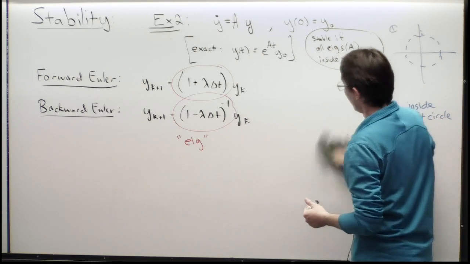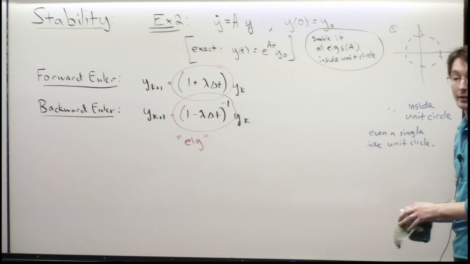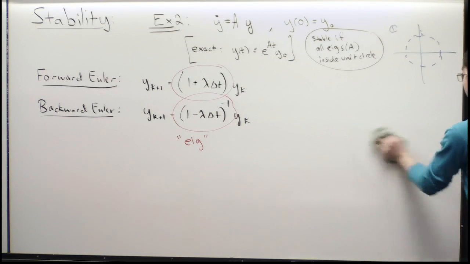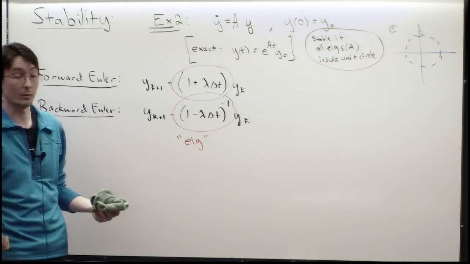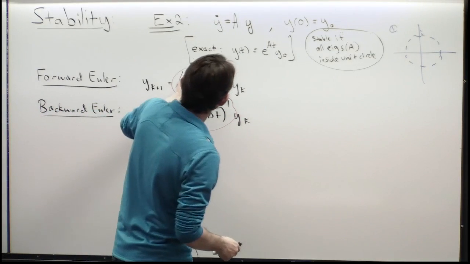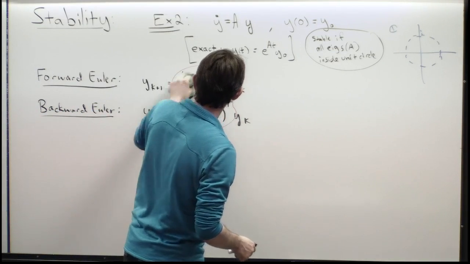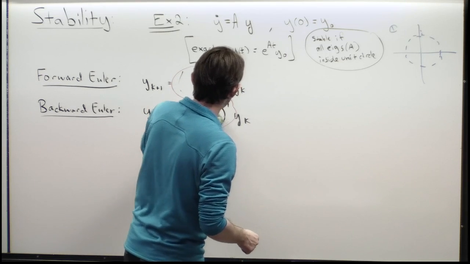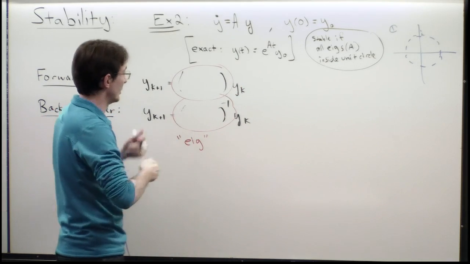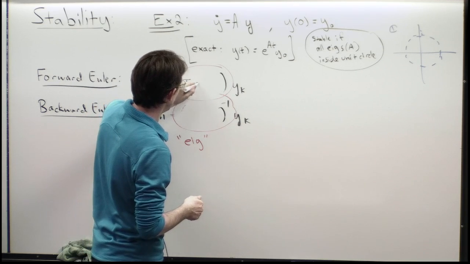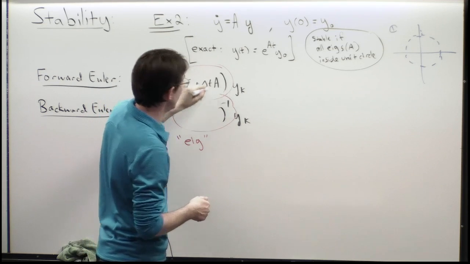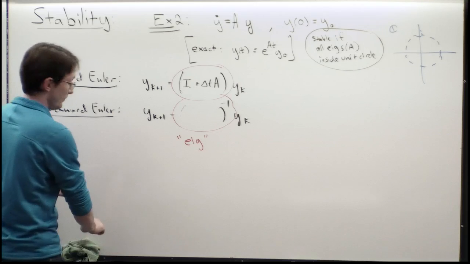All we have to change is very little. Our forward Euler and backward Euler schemes are very similar to what they were before. Here we have, instead of 1 plus delta t lambda, the identity matrix plus delta t A, not so bad.